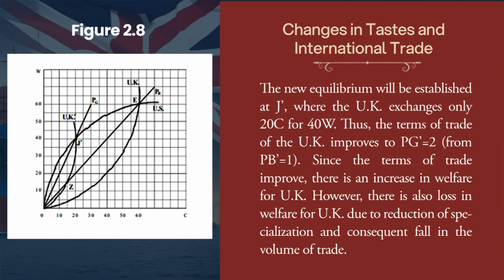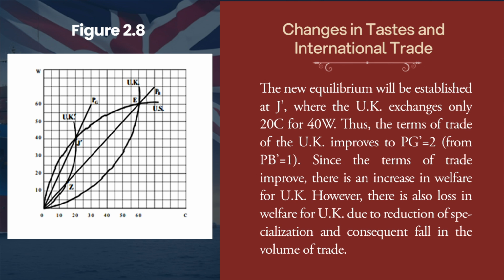The new equilibrium will be established at point J dash, where the UK exchanges only 20 cloth for 40 wheat. Thus, the terms of trade of the UK improves to PG dash equal to 2 from PB dash which is equal to 1.